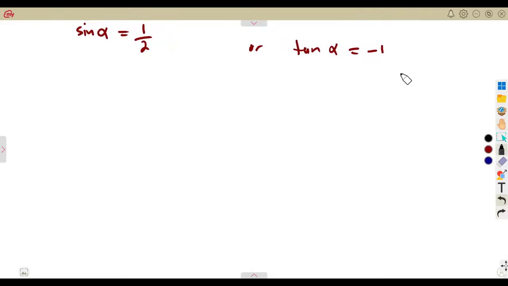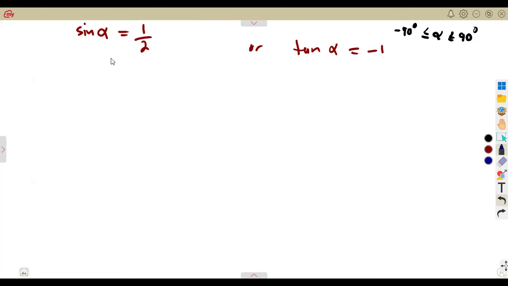Guys, remember the idea of the reference angle. Our alpha is to be taken to be greater than or equal to -90 degrees, or less than or equal to 90 degrees. This is our presentation. So remember the reference angle concept.